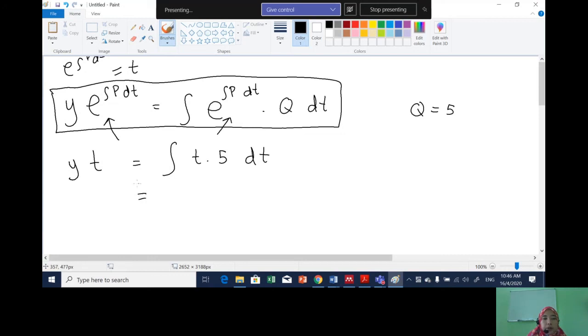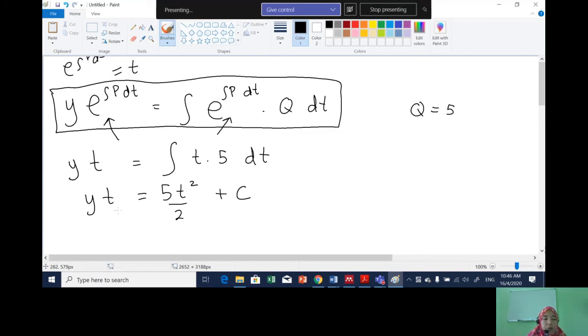Okay, so integrate on the right hand side, the left hand side remains the same. So the right hand side, this is direct integration, no special method. Okay, so we can find the answer as 5t² over 2 plus c constant.